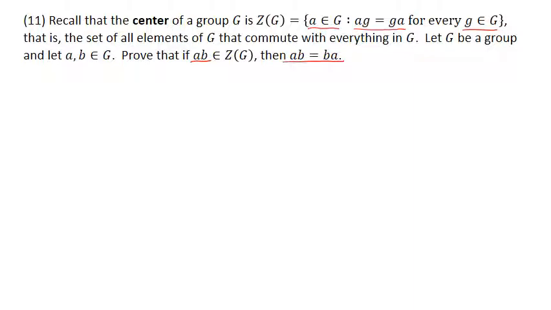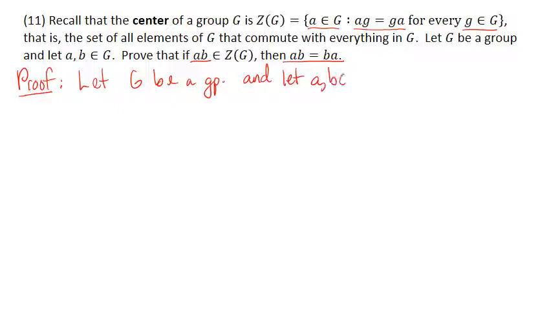Okay, so this is kind of interesting. We don't have that A and B themselves are in the center. We only have that AB is in the center. So let's see what we can do with this. So proof. I'm just going to do the let statements again. So let G be a group and let A, B in G. And then I'm just going to do a direct proof.